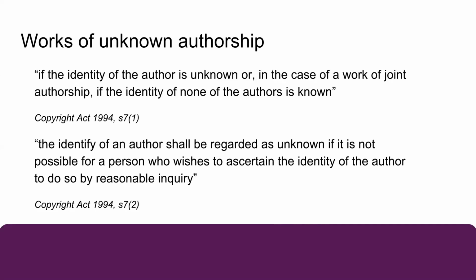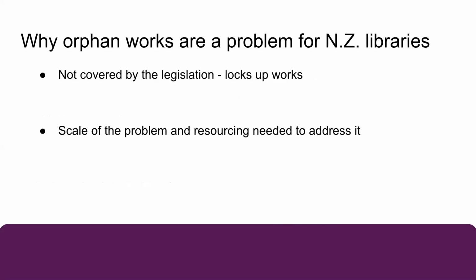A library wanting to digitise and make a work of unknown authorship available can do this under Section 67 of the Copyright Act, but only after they've completed a reasonable inquiry to ascertain the identity of the author, and it's reasonable to assume that copyright has expired or that the author died 50 or more years ago. The Act is silent on what comprises a reasonable inquiry, but Sarah's going to be talking about that shortly.